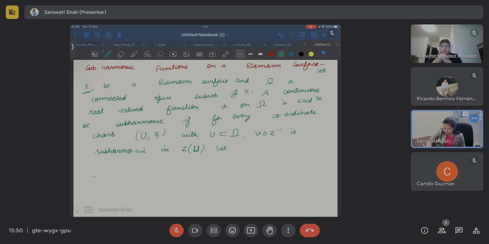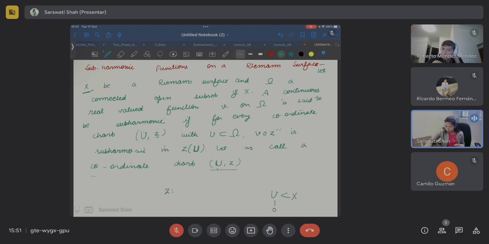Let us call a coordinate chart (u, z). Every time I talk about a coordinate chart in a Riemann surface, just keep in mind that if X is a Riemann surface and I am saying coordinate chart, then this u has to be open.